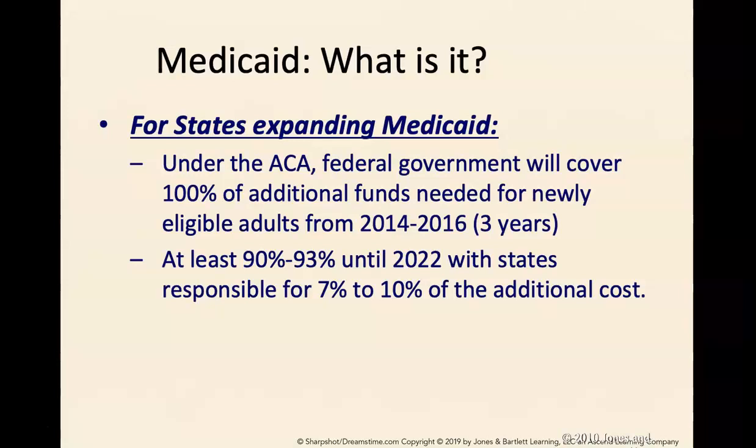That has already lapsed. But until 2022, states that expanded their Medicaid program are still supposed to get support from the federal government, which is at least 90 to 93% of their additional cost if they have expanded their Medicaid program.